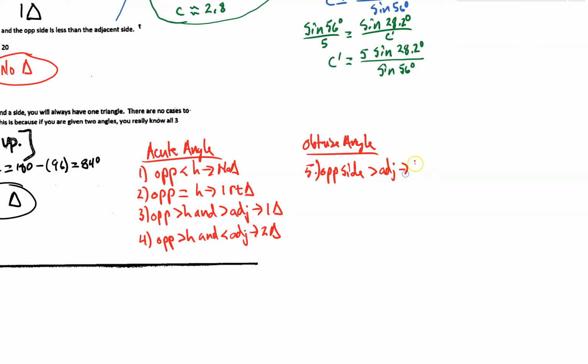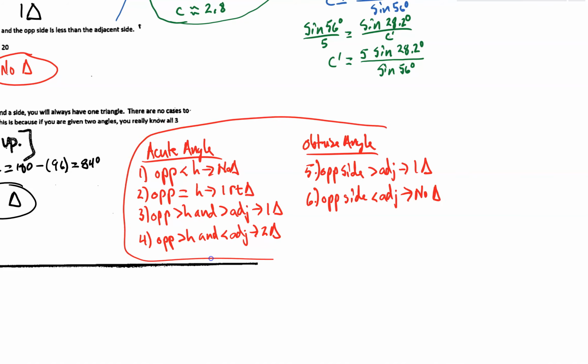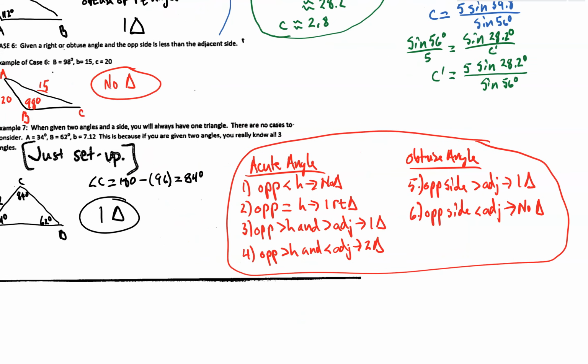Then you are going to have one triangle. And number 6, opposite side is less than the adjacent. That makes no triangles. This is just a kind of a quick summary of this whole thing for you guys to have for your studying purposes and when you're trying to work out problems and you're trying to apply them.